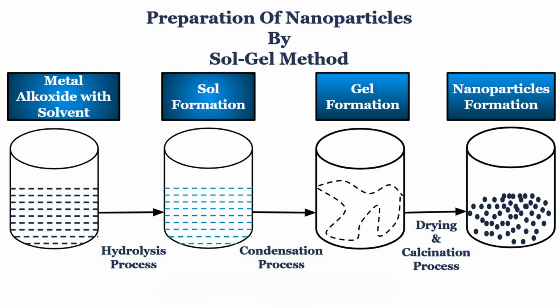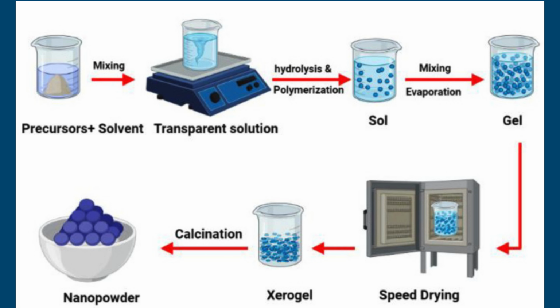This video presents an overview of the Sol-gel process, including reaction mechanisms, gelation behavior, drying, and thermal treatment. Furthermore, detailed experimental methodologies are provided for the synthesis of cerium oxide nanoparticles via a Sol-gel route and lithium iron phosphate nanoparticles using a combined Sol-gel and hydrothermal approach.